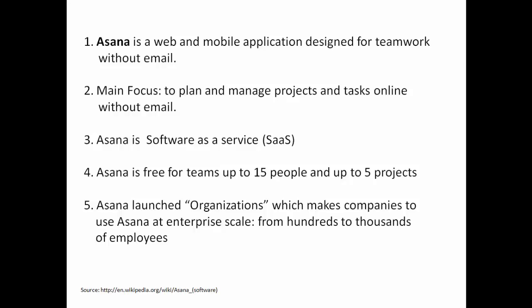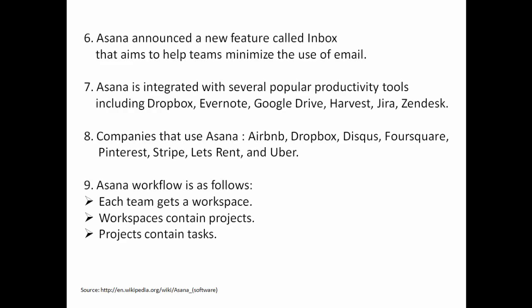Asana launched Organizations, which lets companies use Asana at high scale, from hundreds to thousands of employees. Asana announced a new feature called Inbox that aims to help teams minimize the use of email.